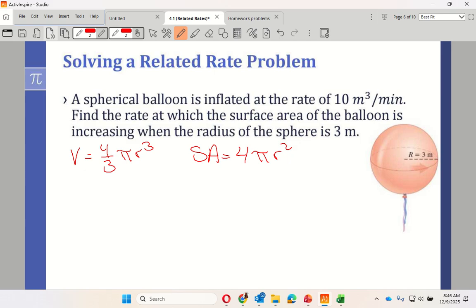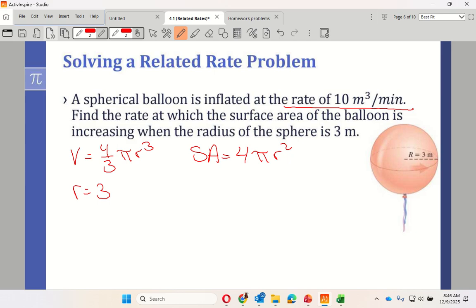Okay, so what information do I have? I have that my radius is 3. Now, what is that going to represent out of my variables? dV.